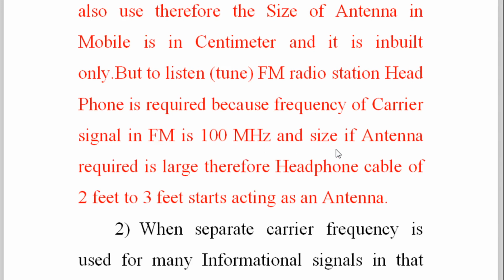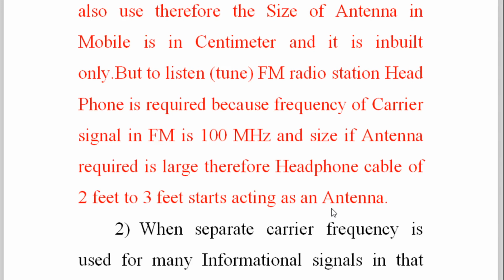So for 100 megahertz, the size of the antenna will be a few feet, 1 foot or 1.5 feet, like that. The size of antenna required is a little bit large, not in centimeter, it is in feet. And therefore a headphone cable of 2 feet or 3 feet starts acting as an antenna.